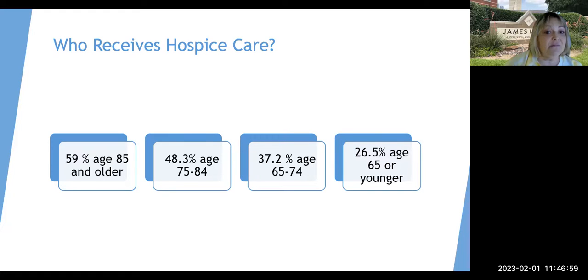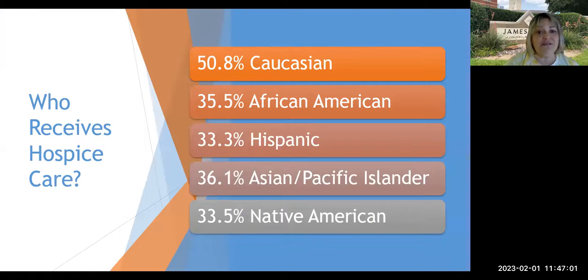Now, here are some numbers that changed, and thank goodness these are finally starting to go up. About 51% of all Caucasians will receive hospice care. And then these other numbers were really, really low. I've been doing this program now probably since 2014 and have watched these numbers steadily come up.